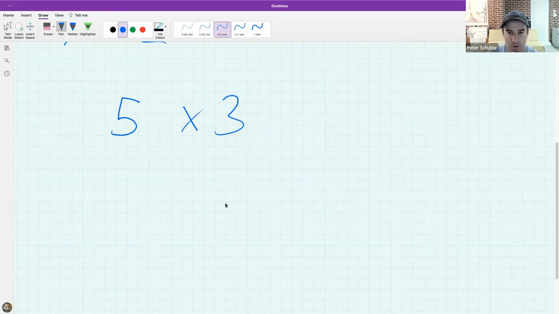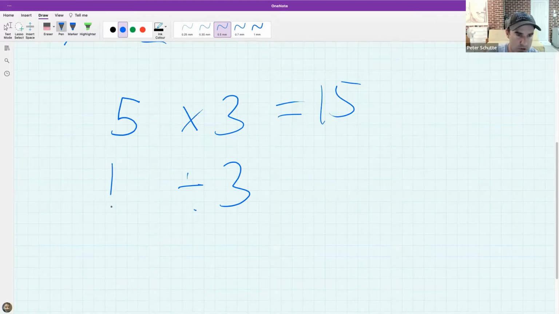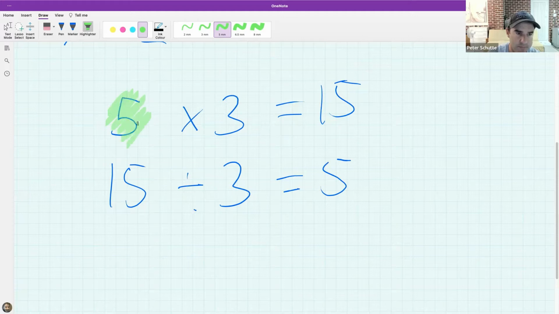Yes, Koketso, you're on the right track. Okay, so the opposite of multiplying by 3 would be dividing by 3. So let's just see that this works. If I go 5 times 3, I get 15. If I go 15 divided by 3, I get back to the original.